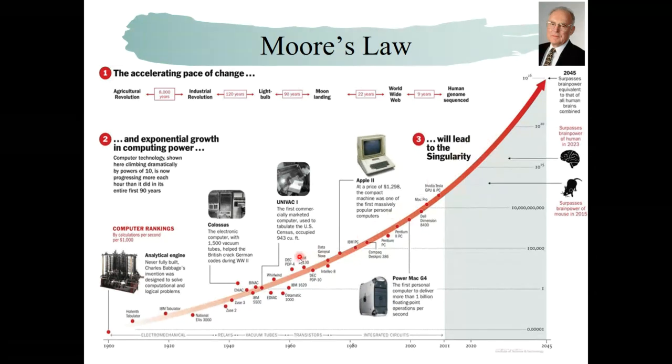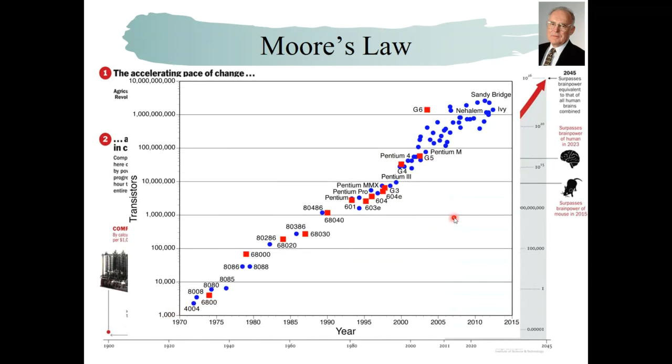And what's behind this amazing improvement? This is a kind of map of the number of transistors in a single chip by year. As you see here, the x-axis, the year, is a linear scale, and the y-axis, the number of transistors in a single chip, is an exponential scale, the log scale.